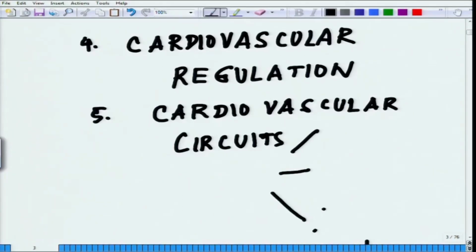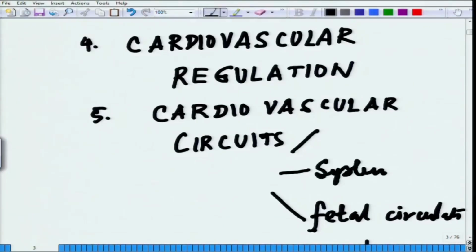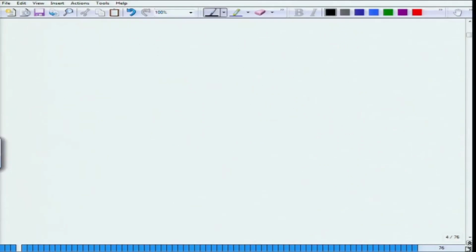One will be the fetal circulation, which is slightly different from the adult circulation, and we will talk about the systemic and pulmonary. Part of it we have already done, so it will be a bit of a repetition. Okay. Coming back to the introduction.